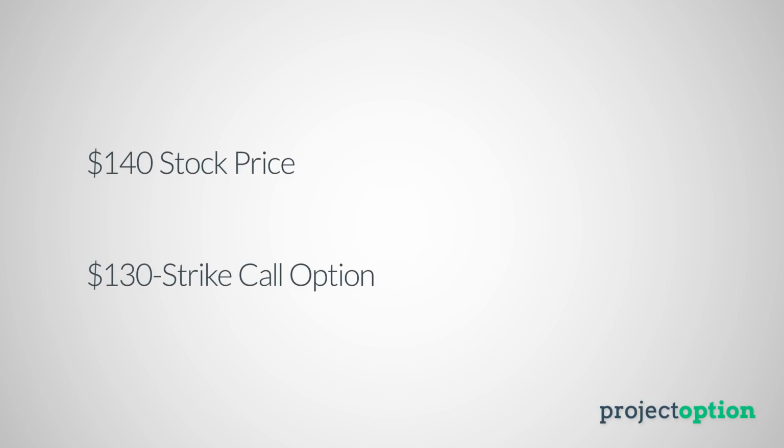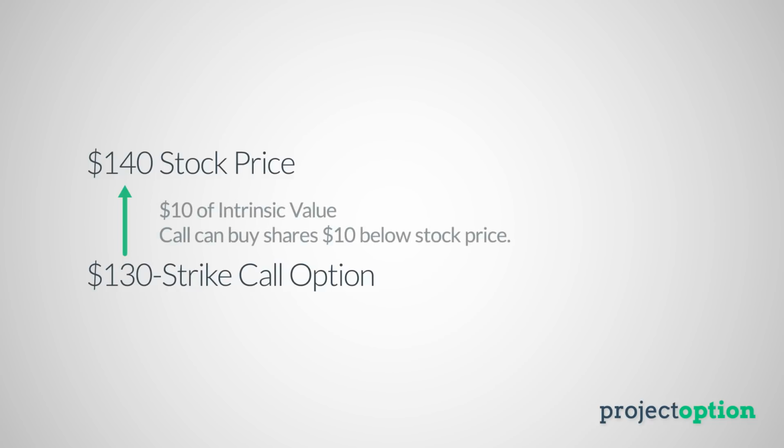Intrinsic value can be interpreted as an option's real value, or the value of that option's ability to buy or sell shares of stock at its strike price as opposed to buying shares of stock at the current share price. So for instance, if we have a stock that is at $140 and we look at the call option with a strike price of $130, that 130 call has $10 of intrinsic or real value, because there's $10 of value in the ability to buy shares of stock at $130 when the stock price is currently $10 higher at $140.